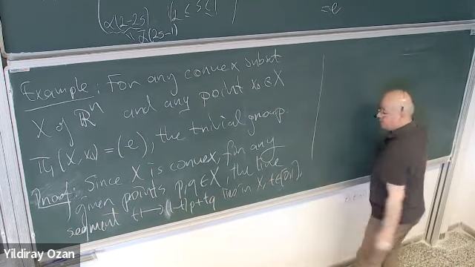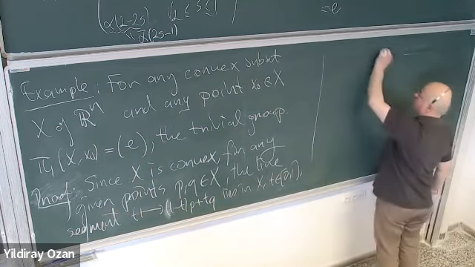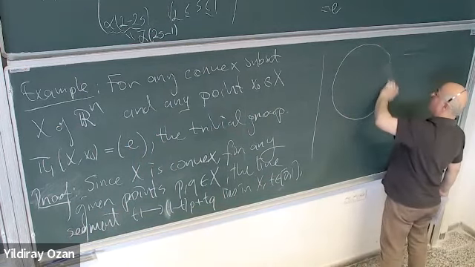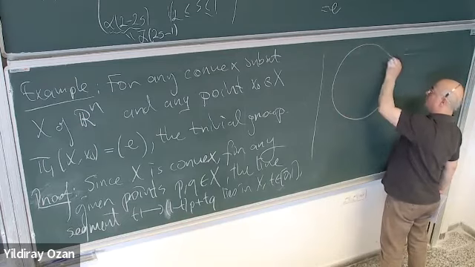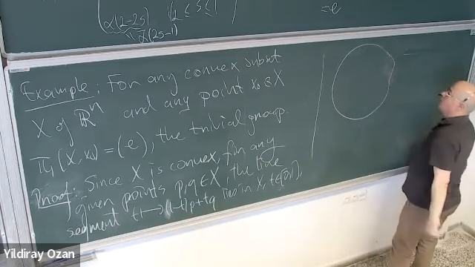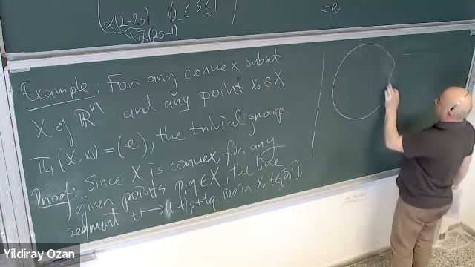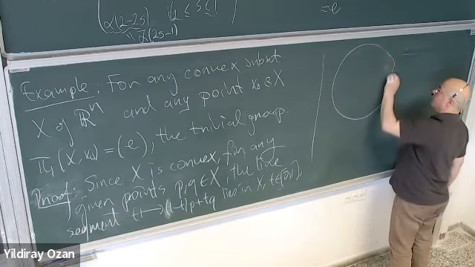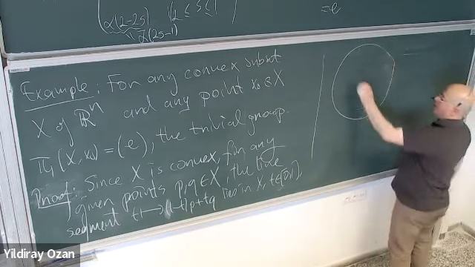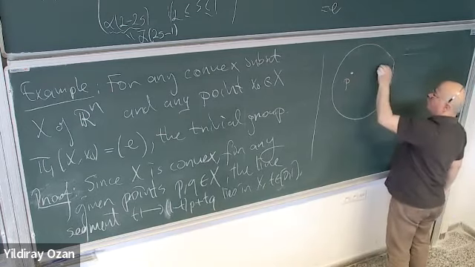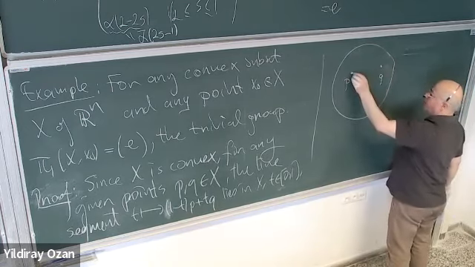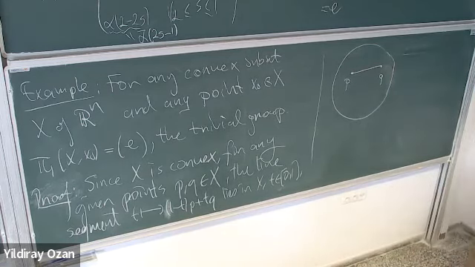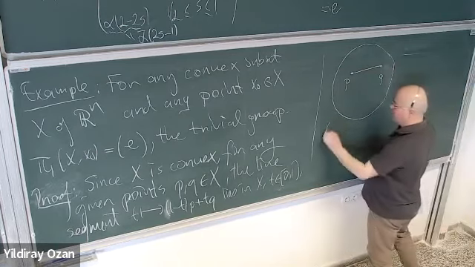So what is this? It is a set like this, okay? This is not it, right? A convex set can be like this. Not like this either. Like this. Convex: whenever you choose 2 points, the line segment joining these 2 points should lie inside X. Okay, convex sets are like this.